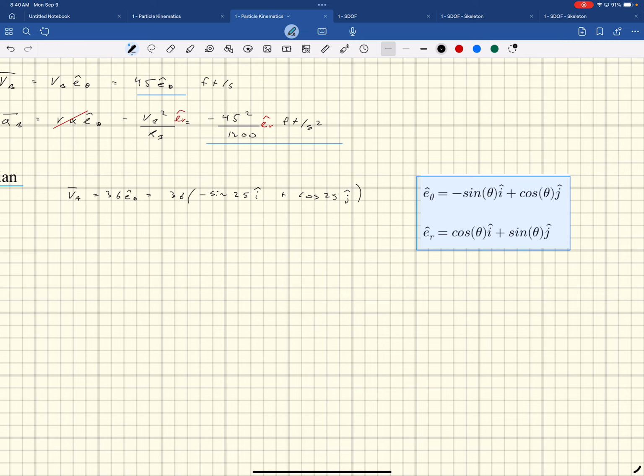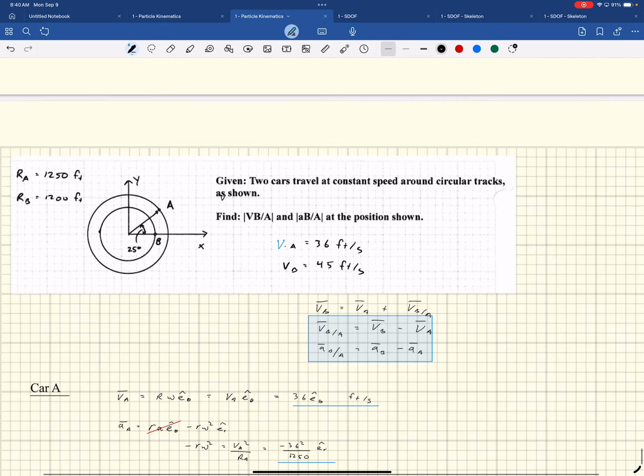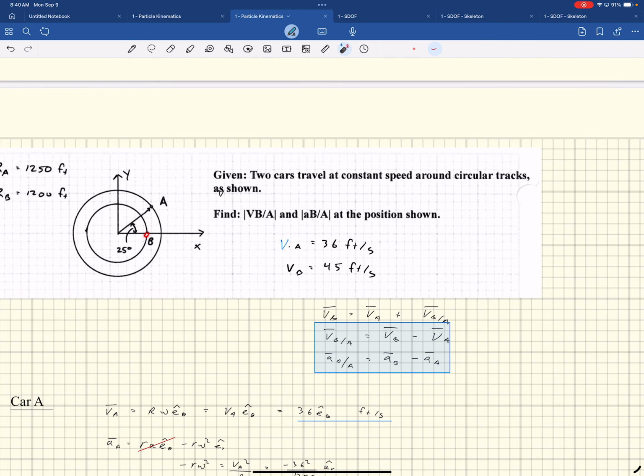Okay. You could do the same for VB, or we can do this by inspection. We'll just look at what's happened with VB. This is VB right here. That's already lined up with the coordinate system. There's e r, there's e theta. So e theta is just in the j direction.